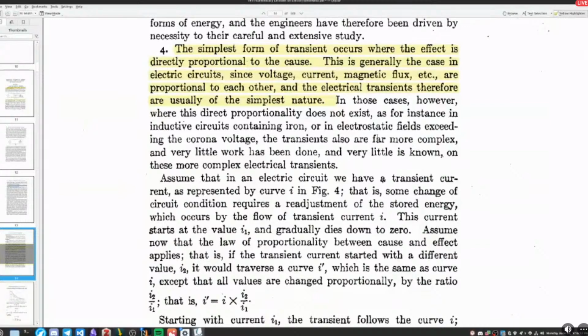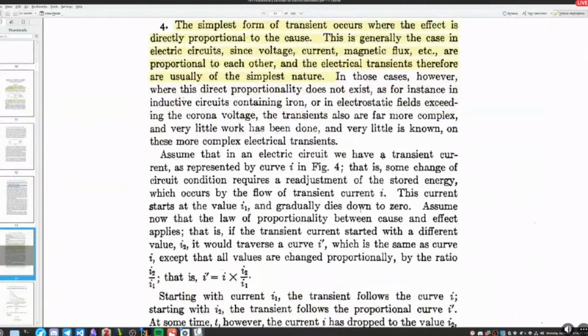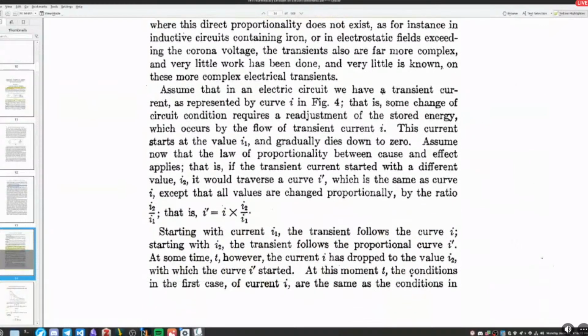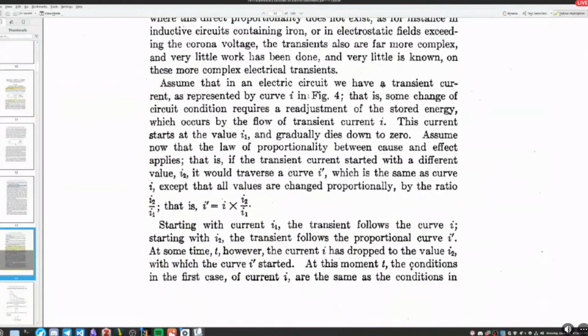Assume that in an electrical circuit we have a transient current as represented by curve I in figure 4. That is, some change of circuit condition requires a readjustment of the stored energy, which occurs by the flow of transient current I. This current starts with the value I1 and gradually dies down to 0.